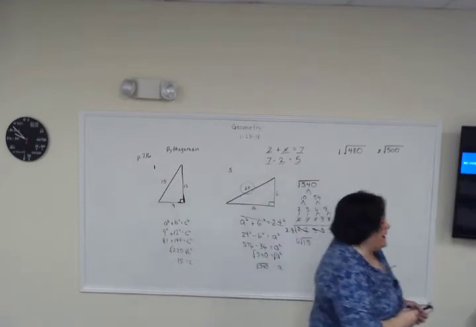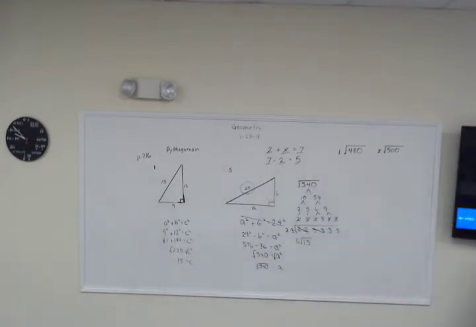Simplify these two radicals for me. Start at 480. Can you divide it by 2? Yeah. Put 480 divided by 2 in your calculator. Okay. So 480 is the same thing as 2 times 240, huh?